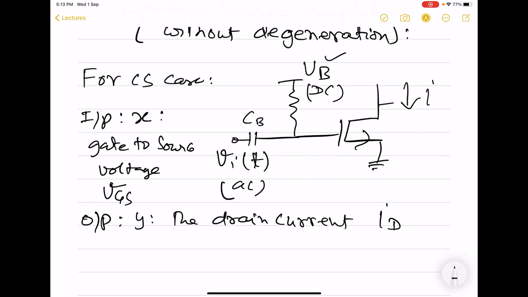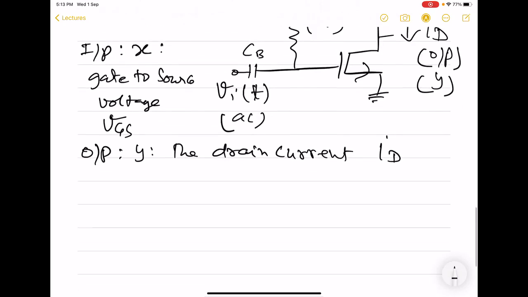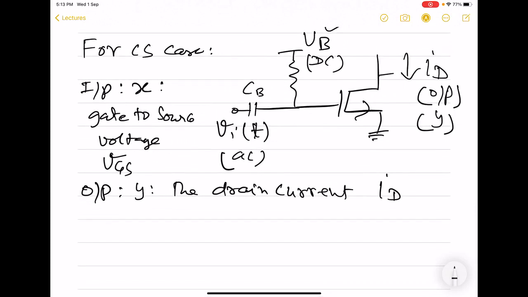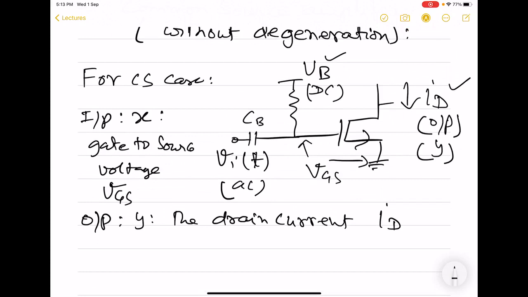So this ID is our output quantity Y. And this output drain current will be decided by the total gate to source voltage, which, as you can see here, will have two components: one DC component contributed by this VB, and a time varying component contributed by this input voltage.